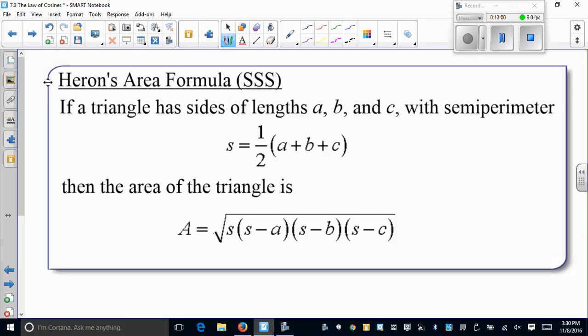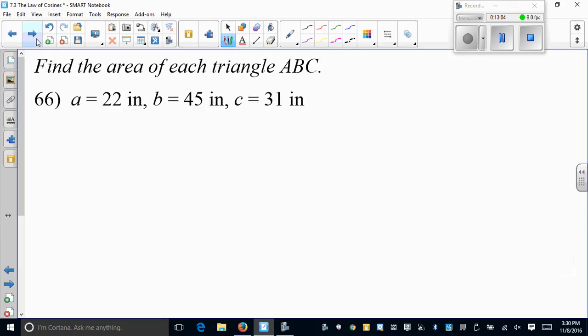Okay, so here's our example. There's our three sides. So we find S. So S equals 22 plus 45 plus 31, all divided by 2. Now I should identify on this one that your S value should always be larger than your smallest number.